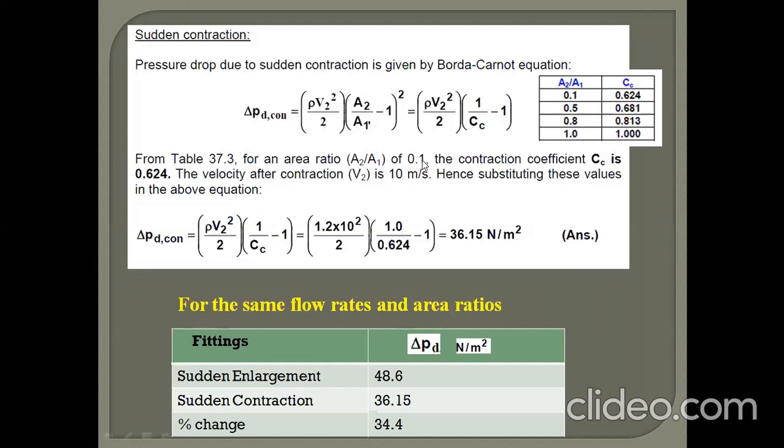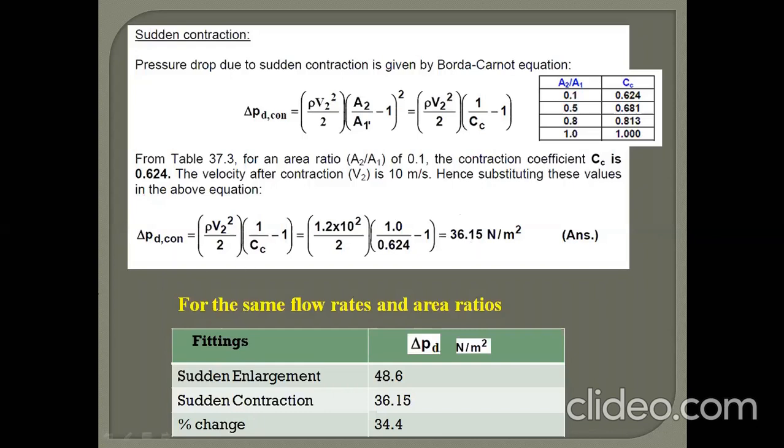In our case the area ratio is 0.1, so Cc is 0.624. Velocity after contraction is 10 meter per second. After substituting the values, delta PD for sudden contraction comes to be 36.15.